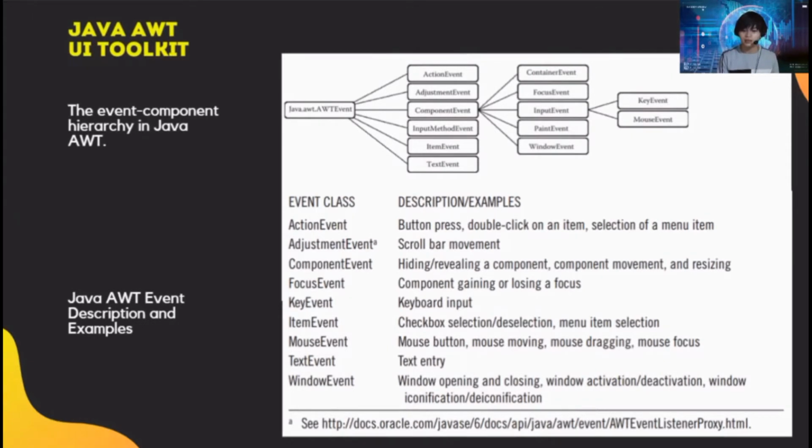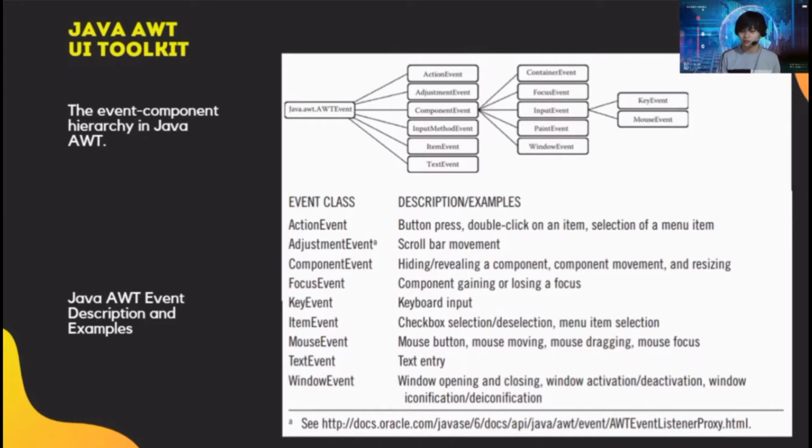The item event is for the checkbox selection or deselection or menu item selection. The mouse event, mouse button, mouse moving, mouse dragging, mouse focus. Text event is for the text entry, and the window event is for window opening and closing, window activation or deactivation, or window iconification or de-iconification.